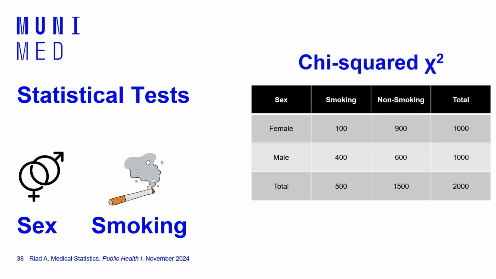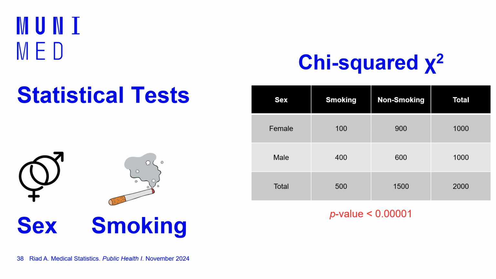If we calculate it, it will lead to a p-value which is less than 0.0001, which is extremely small, and that's why we can fairly say that the smoking habit is significantly more common in males, or in other terms you can say that male sex is significantly associated with an increased risk of smoking compared to female sex.